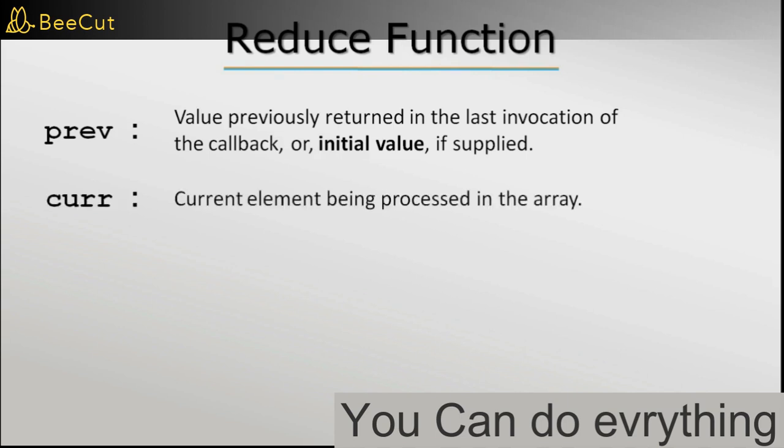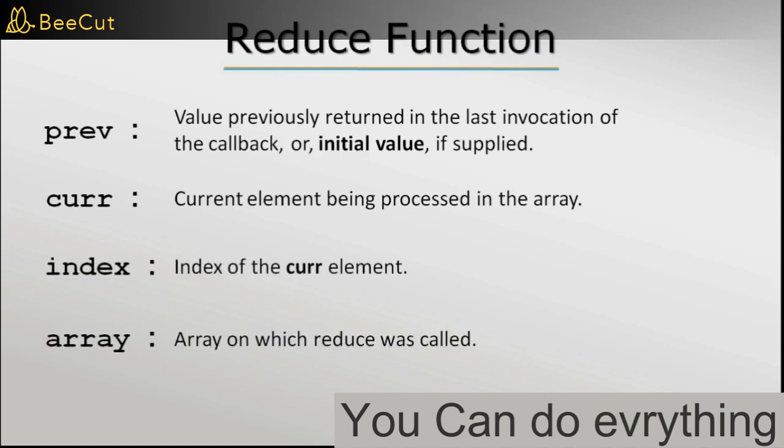The second parameter takes the current element being processed in the array. The index is the index of the current element being processed, and array is the array on which the reduce function was called. Let me first use the reduce function to compute the sum of the numbers in an array and then explain what is going on.